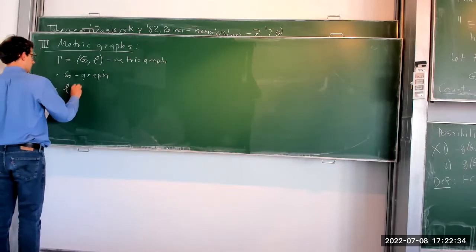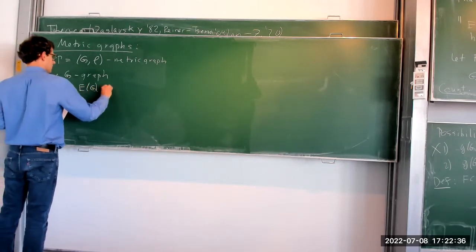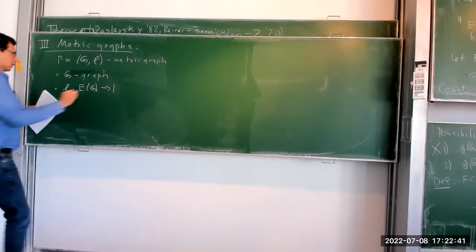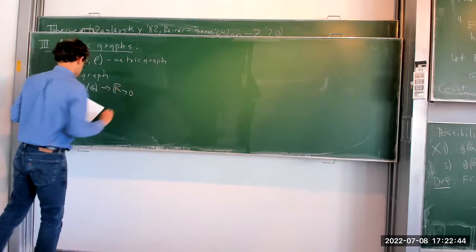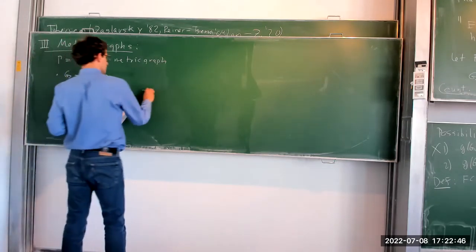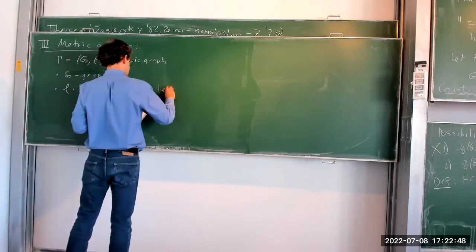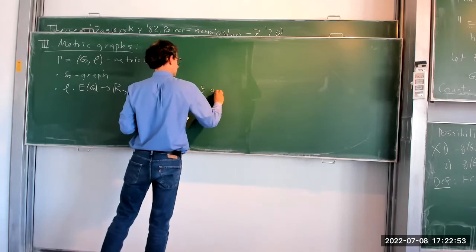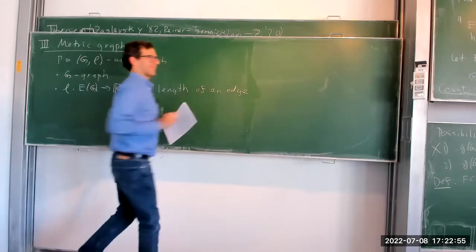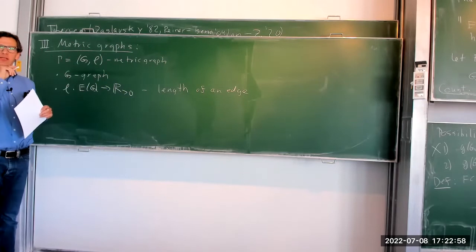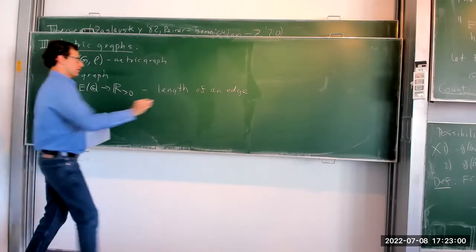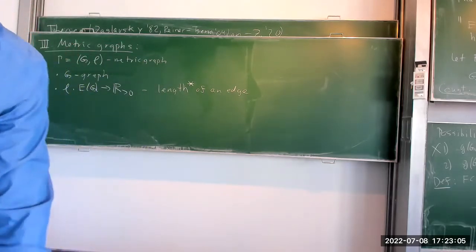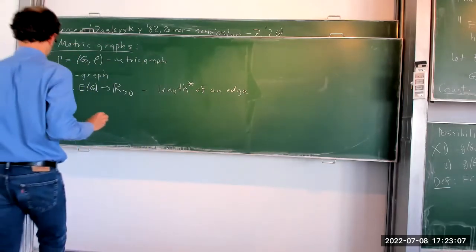And there's this L, which goes from the edges of G to, if you're really fancy, you can look at various monoids, but really I'm just going to look at positive real numbers. So this is an assignment of a length to each edge. But as you'll see, it's ever so slightly misleading to think of this as length. So let me put a little asterisk here, to put a little bit of doubt in your minds as to why this should be a length.